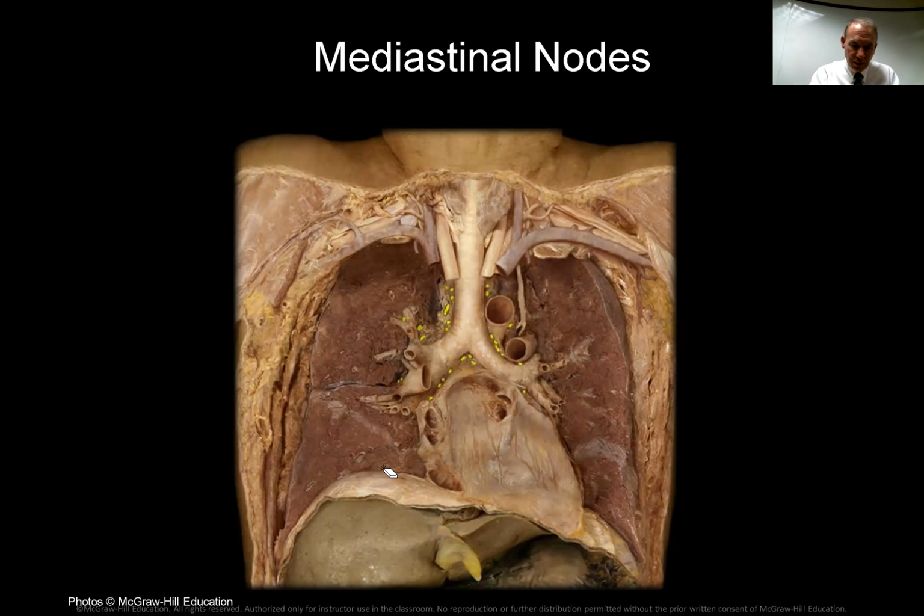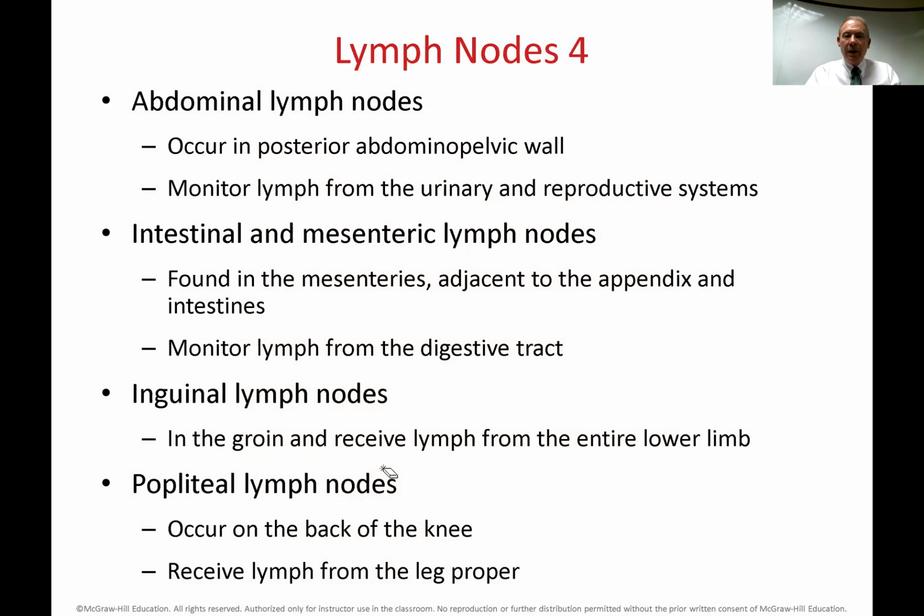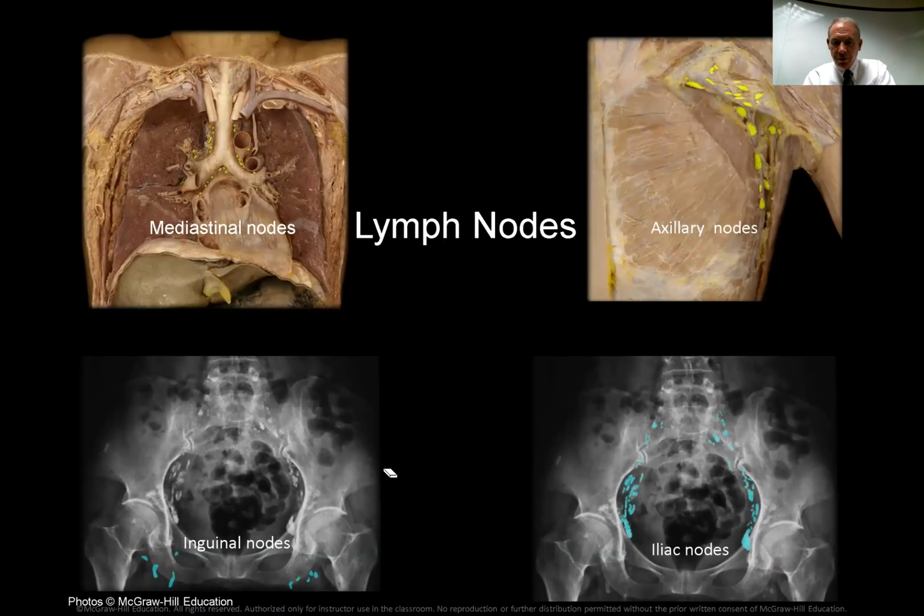So, mediastinal lymph nodes. You have lymph nodes in the abdomen. You have inguinal lymph nodes, and that's in the groin. Popliteal lymph nodes in the back of the knee. So these lymph nodes are characterized by where they're found.